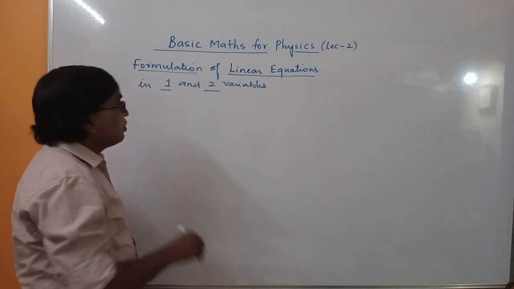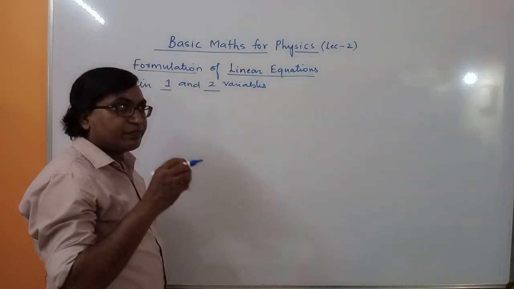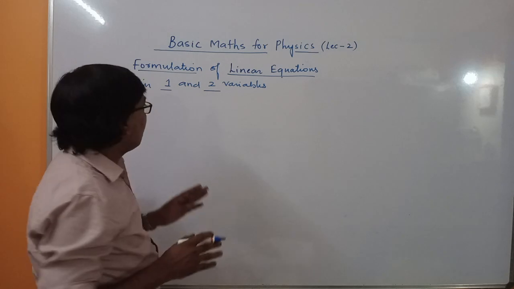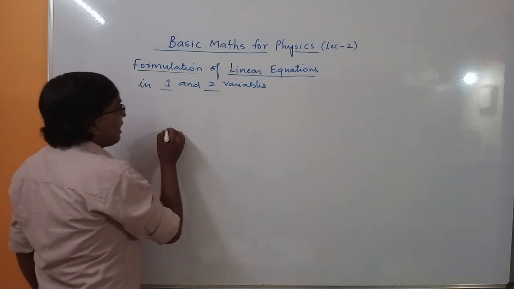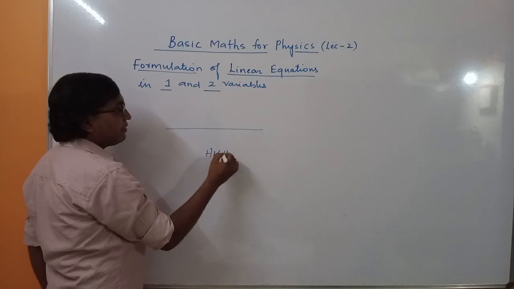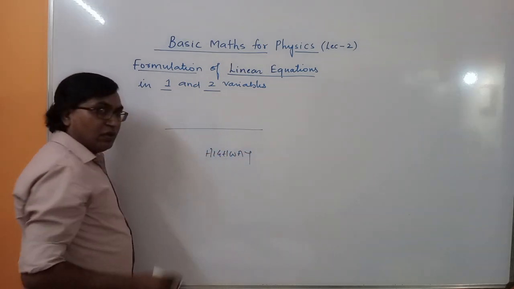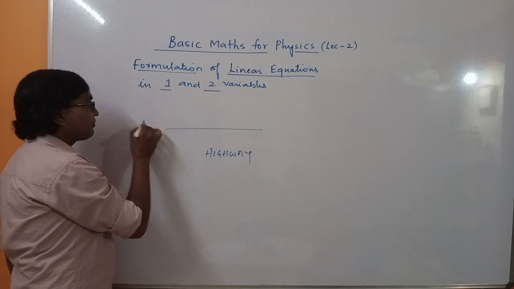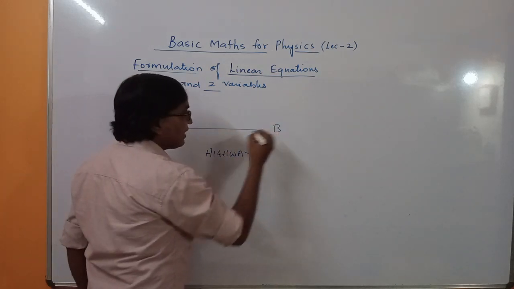Okay, so now we have two places on a highway. Let us say this is a highway. We have two places on this highway, place A, place B.